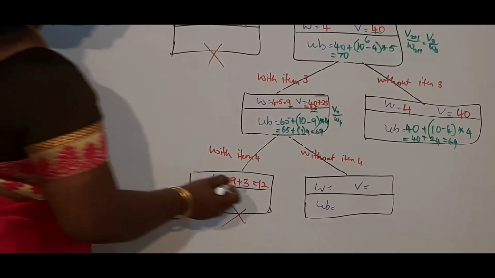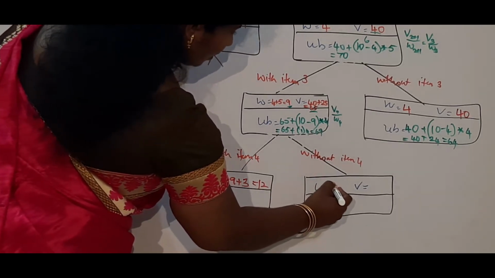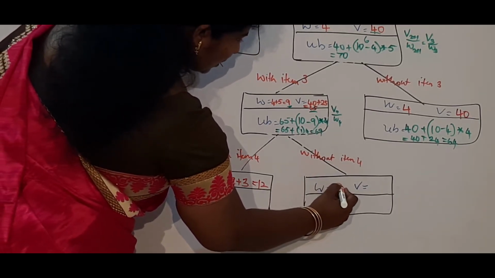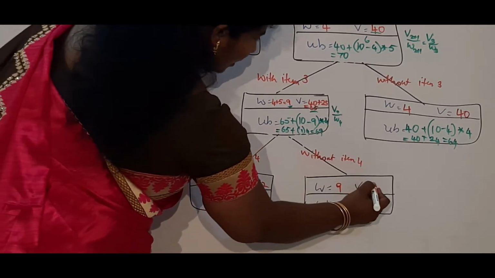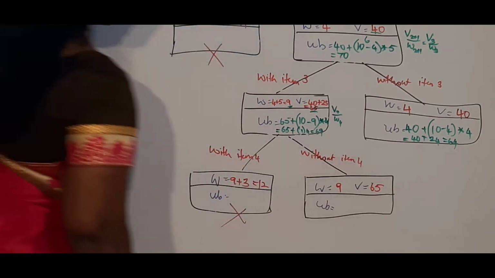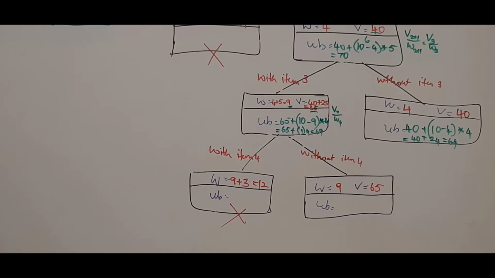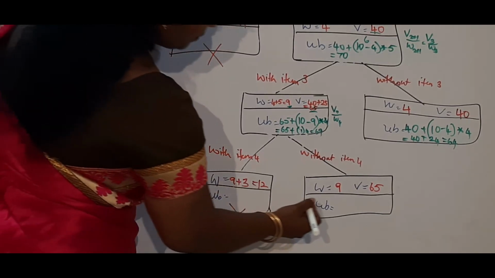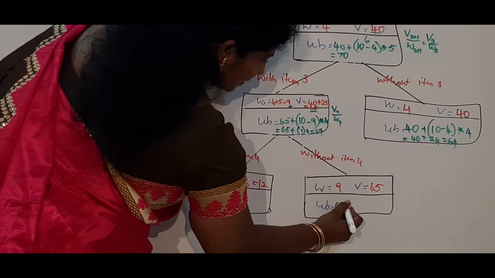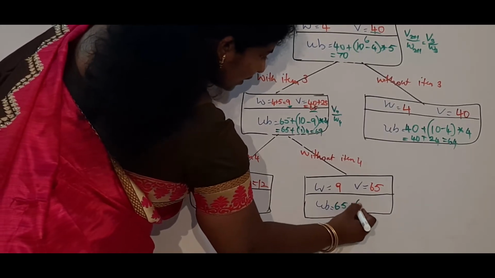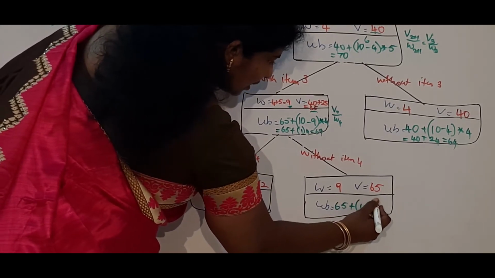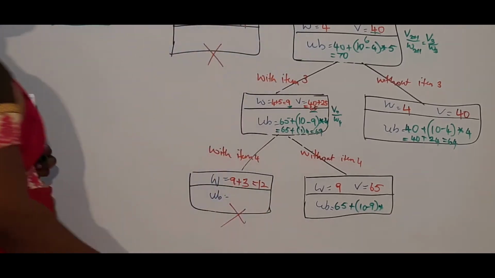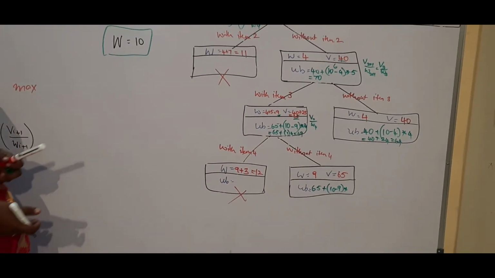So here what would be my weight now? It is 9 and the value is 65. So what do I do now? I have to calculate the upper bound. So upper bound is going to be value as 65 plus 10 minus 9 times what comes next.